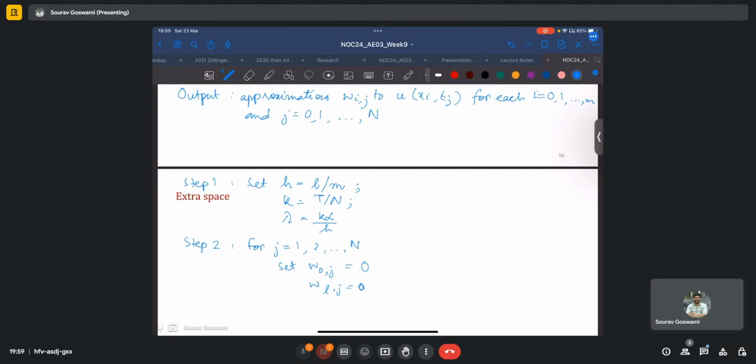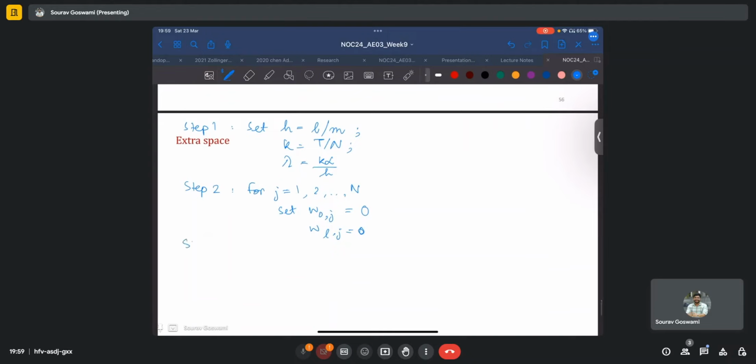That is, we set the displacement at both the endpoints to be 0. Step 3, we set w(0,0), that is, at the left node at t equal to 0, equals f(0), and w(m,0) is equal to f(L).